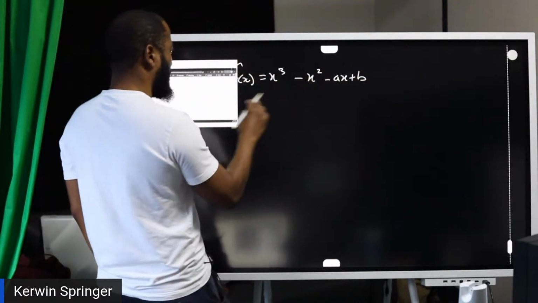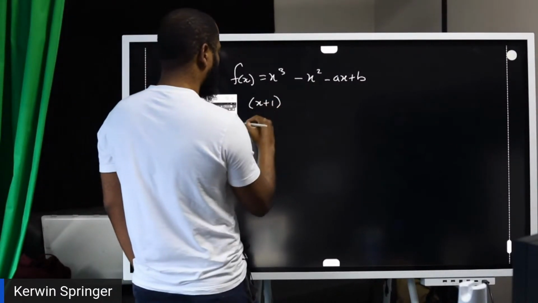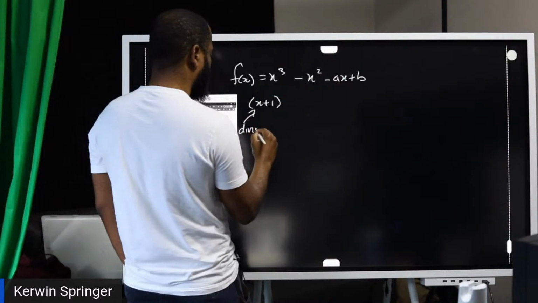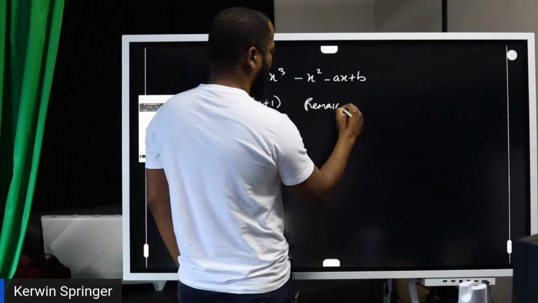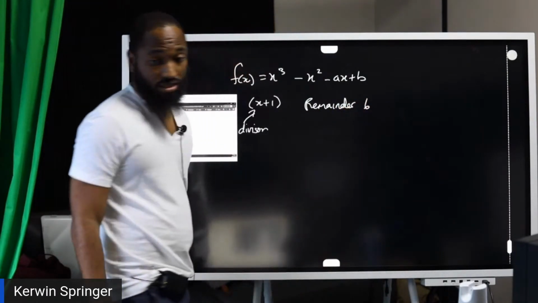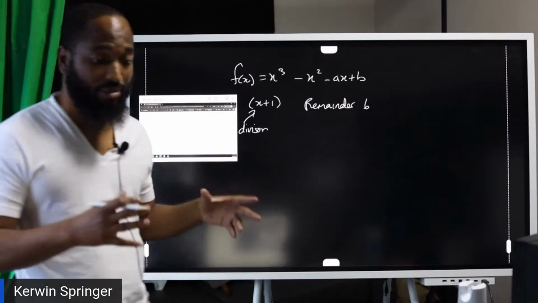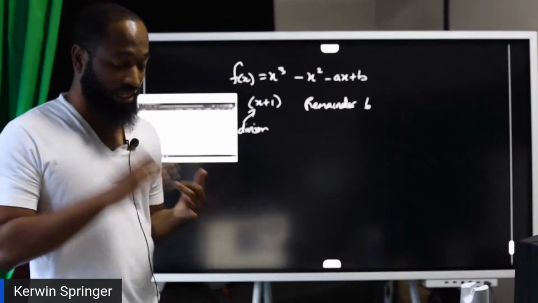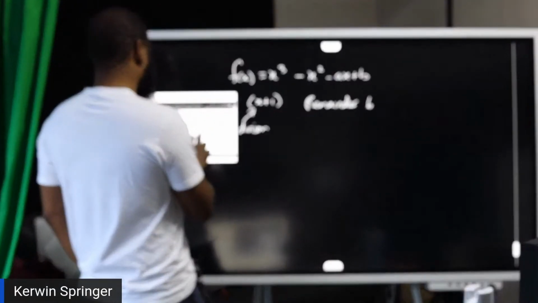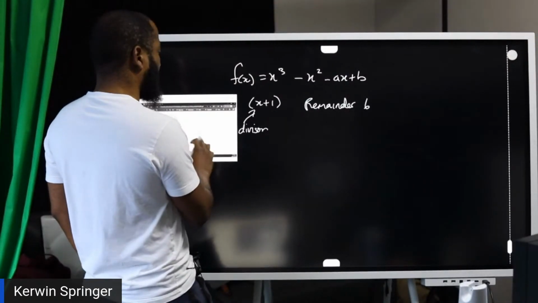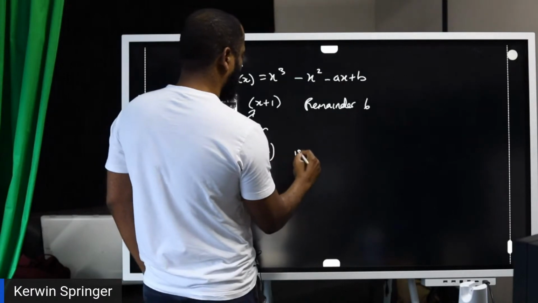And they said when you divide by x plus 1, so this is the divisor, the remainder was 6. This is for AdMaths, not CSEC Maths. So you divide by this and the remainder is 6, and x minus 2 is a factor.